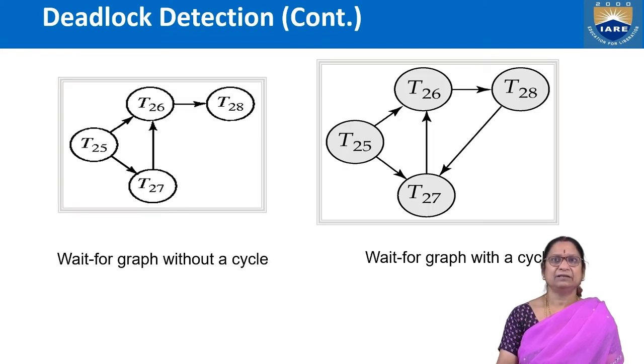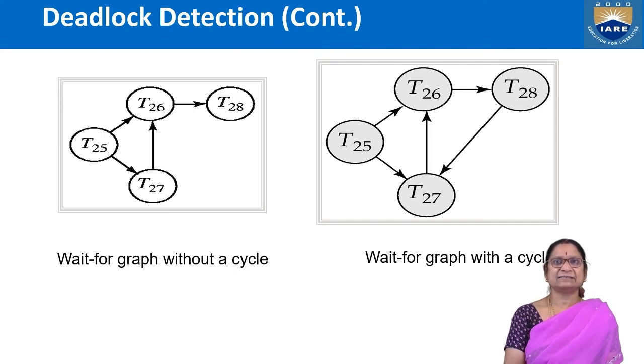For example, consider this wait for graph. In the first case, you observe T26 is waiting for T28 to release a data item. T25 is waiting for T26 to release a data item.